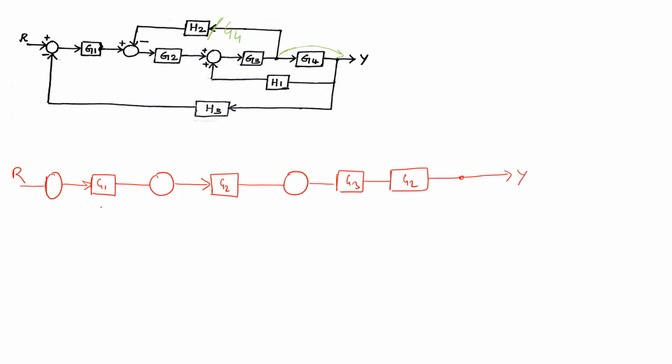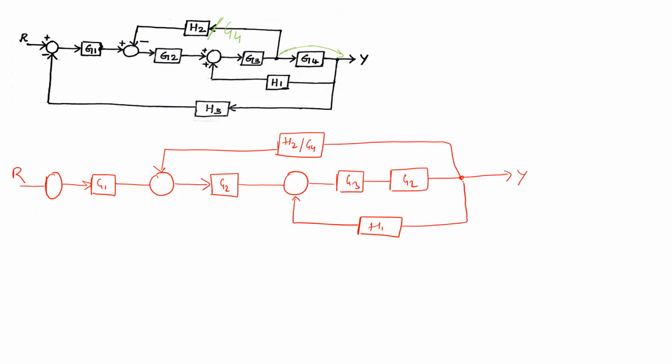This is a summing point, and the gain of this is H2 by G4, and this is the feedback point. We have one more feedback here with gain H1. This is how the signal is flowing.